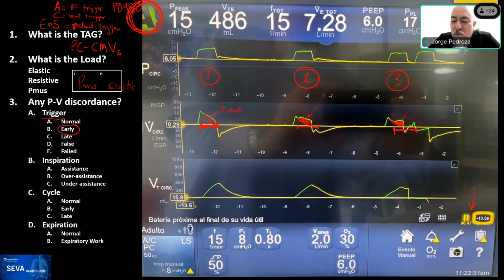Okay, so what is the goal? Just for the sake of the exercise, let's think that the goal is safety. This patient is in safety. What would you do to try to revert this early trigger?